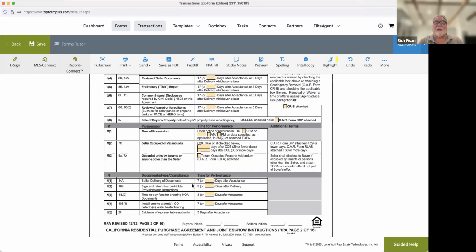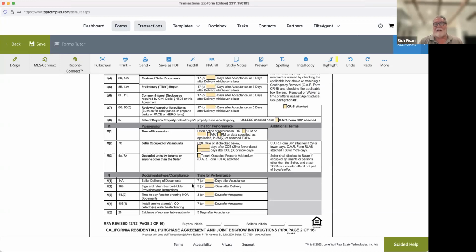Next is seller delivery of documents. The seller has 7 days to deliver their documents, their disclosures. A lot of listing agents don't hold sellers to that, but they have 7 days. And they have 5 days, and a lot of the parties don't do this, to sign and return escrow holder's provisions and instructions.